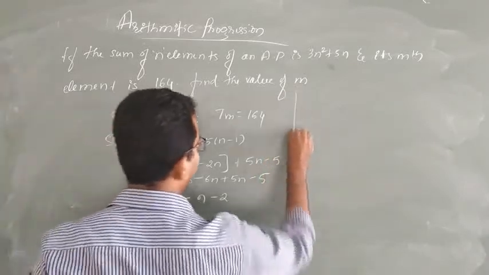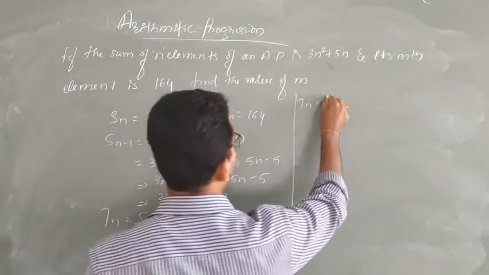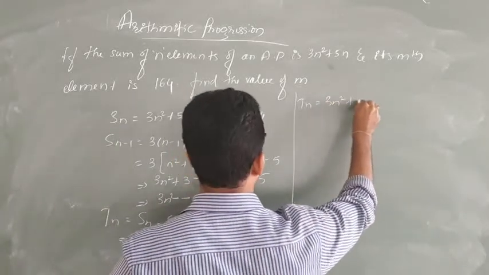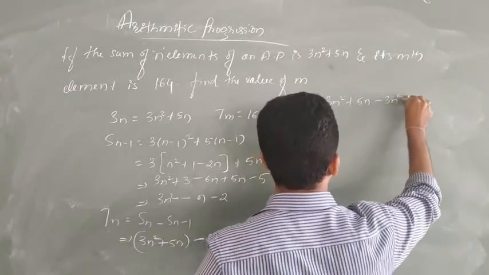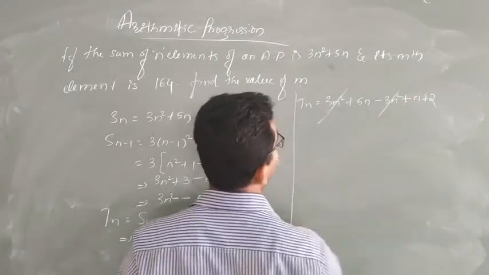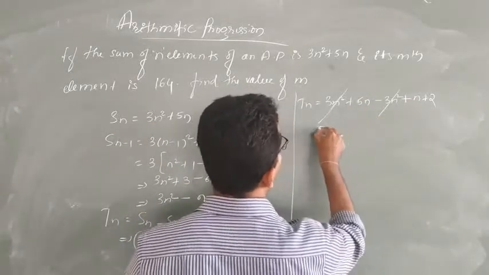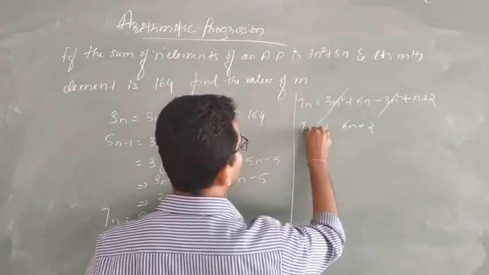So therefore Tn is equal to 3n square plus 5n minus 3n square plus n plus 2. 3n square minus 3n square get cancelled. This is 5n plus n, that is 6n plus 2, its nth element.